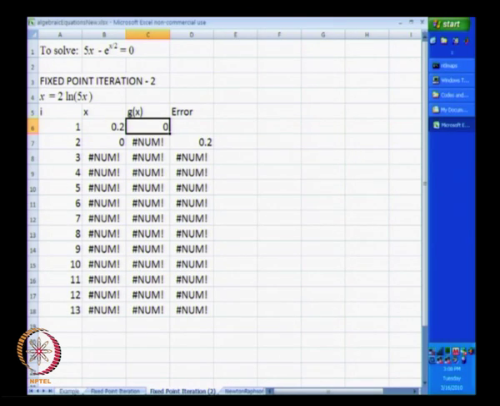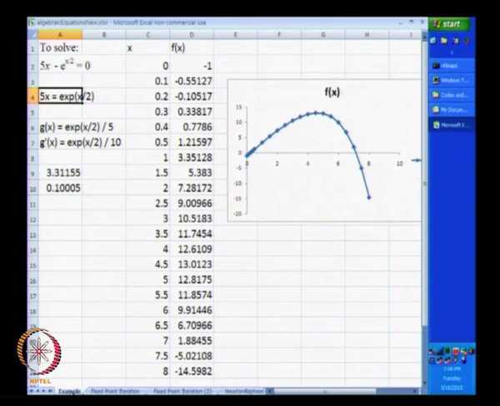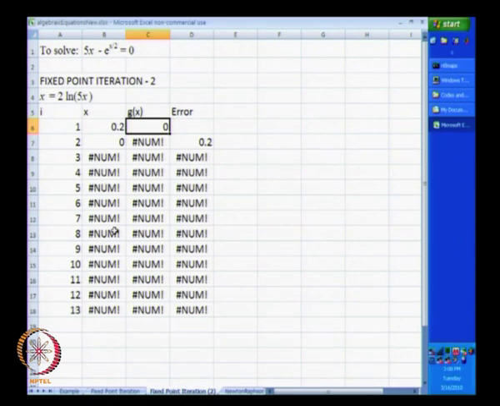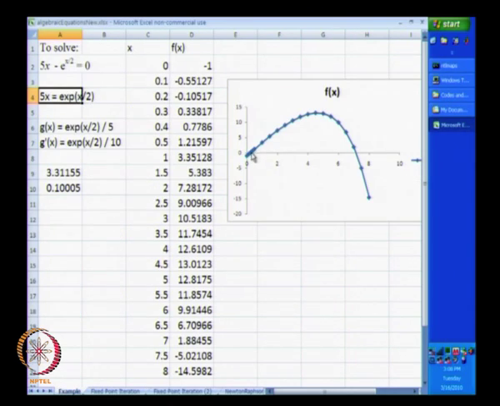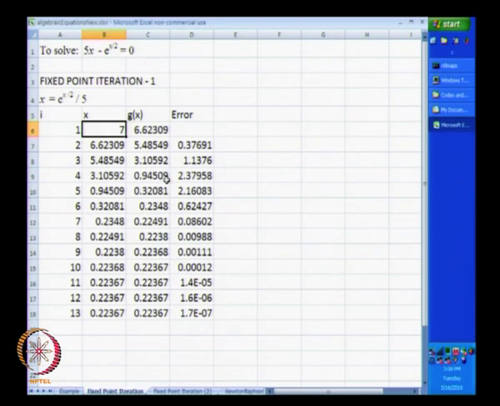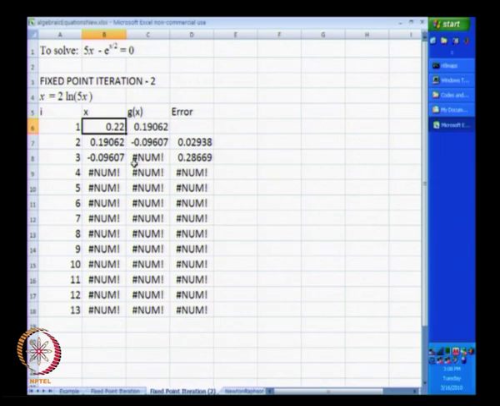So if the particular initial guess is say at 0.2, we are not getting the solution to converge. Let's see if it was say 0.22, again this solution is not converging. So for all the values beyond this particular solution, our numerical method of fixed point iteration is unable to converge.